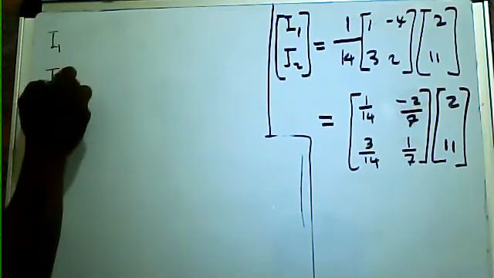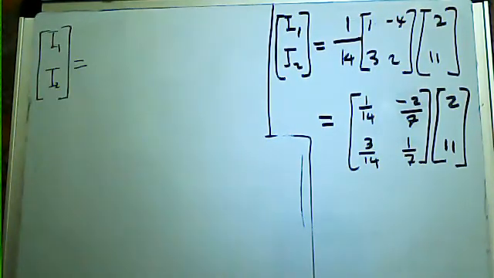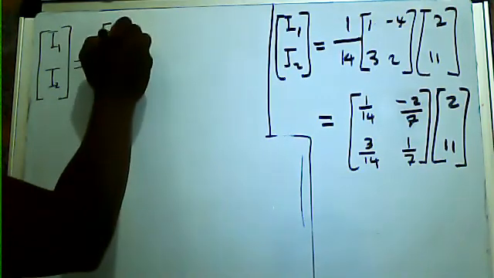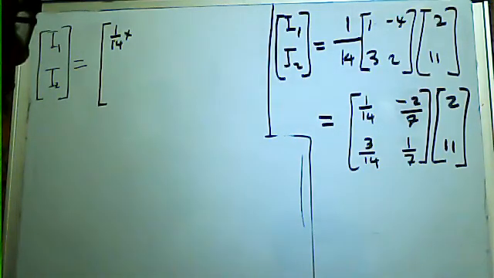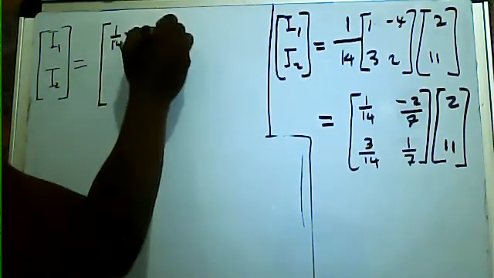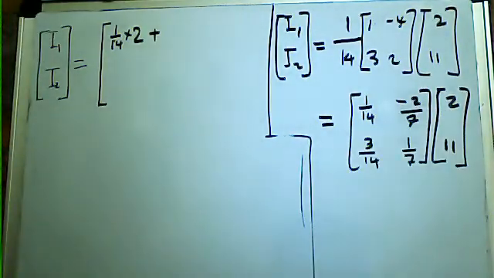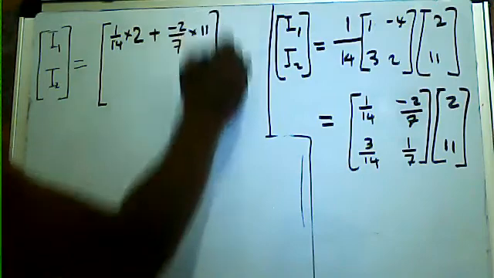I1, I2 will be equal to row by column. So it will be 1/14 multiplied by 2 plus -2/7 multiplied by 11.